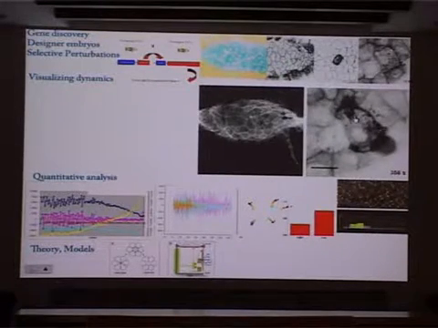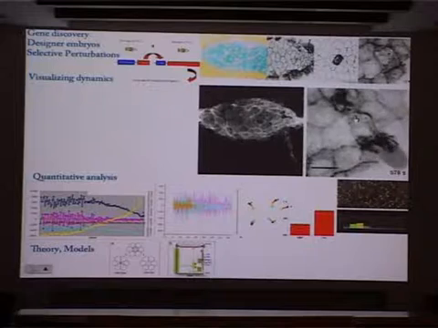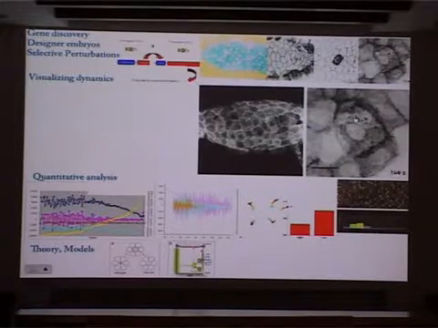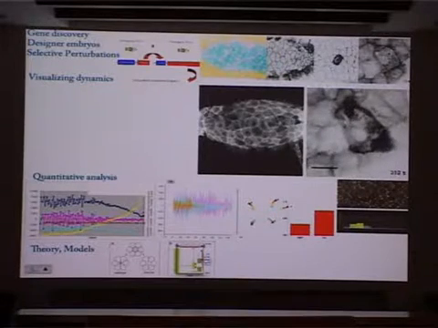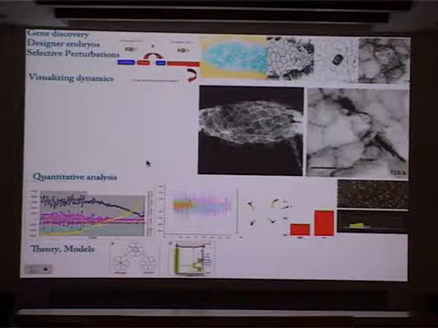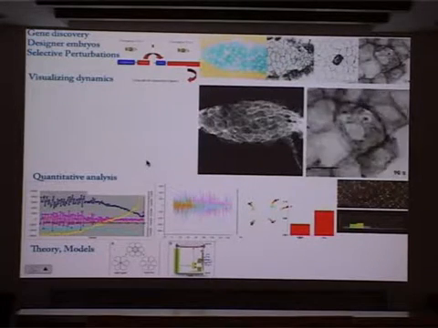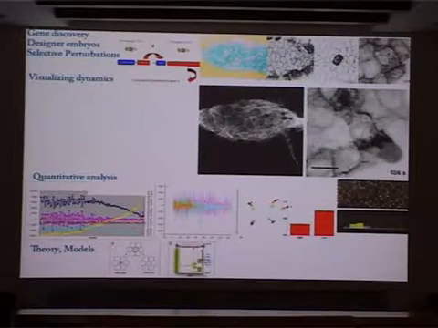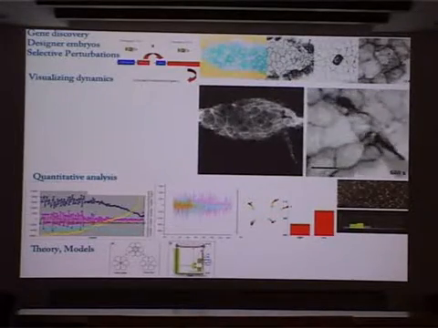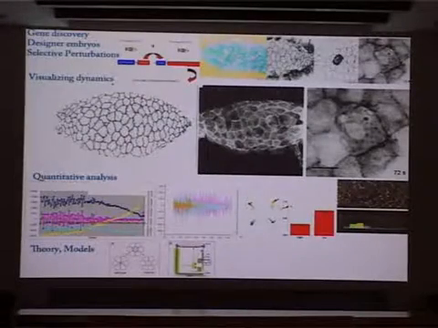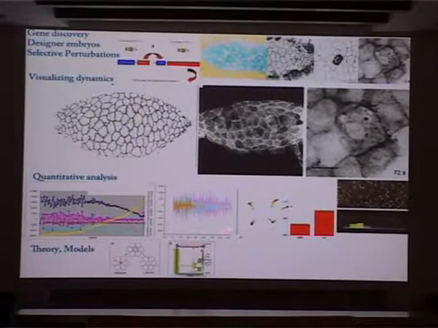And we can combine many of these things together. We can combine genetics, we can combine lasers, we can combine confocal microscopy, and then visualize the effects of multiple kinds of perturbations. Given that we can visualize all of these things, we can then extract outlines and track particle movements quantitatively and subject them to some kind of quantitative analysis.